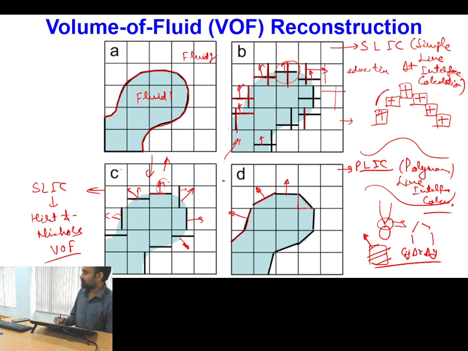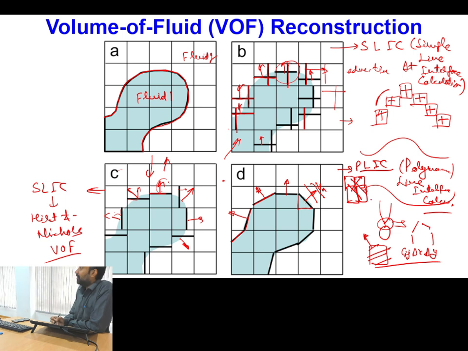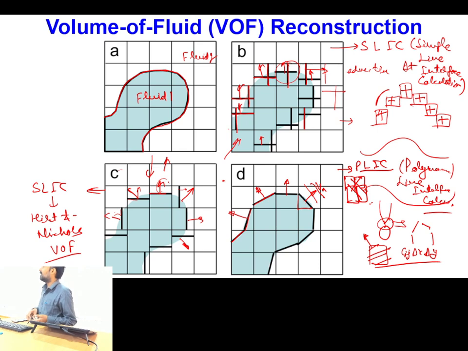After you have used this type of approximation, what do we need to do? We need to calculate the velocity in the direction normal to the interface, that means Vn, and based on this Vn, we then advect this line. Once I advect this type of polyline, say there is a line something like this, and my grid structure is like this, when it advects it will give fluxes in multiple cells and in multiple directions.